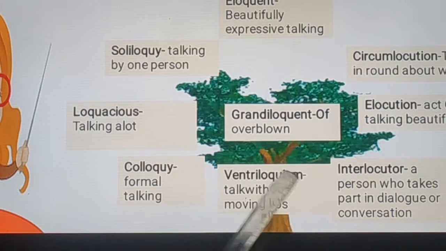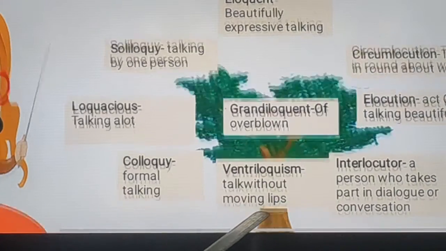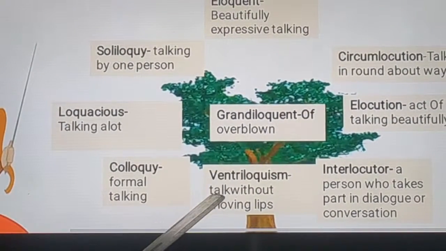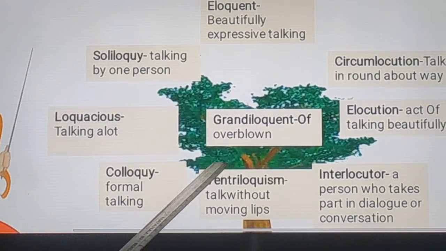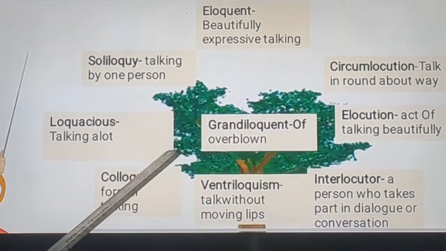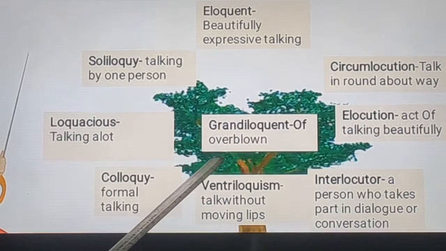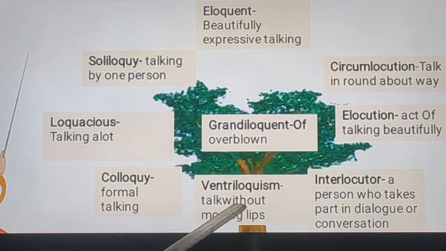Ventriloquism means talk without moving lips. Talking without moving our lips. How is that talking? Somebody at stage shows brings a doll, and they make the doll speak. They are speaking, but they don't move their lips.